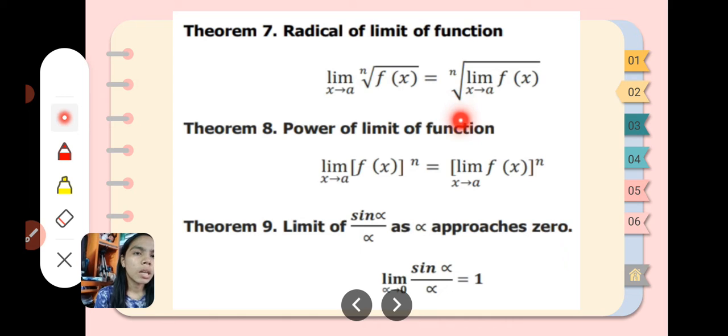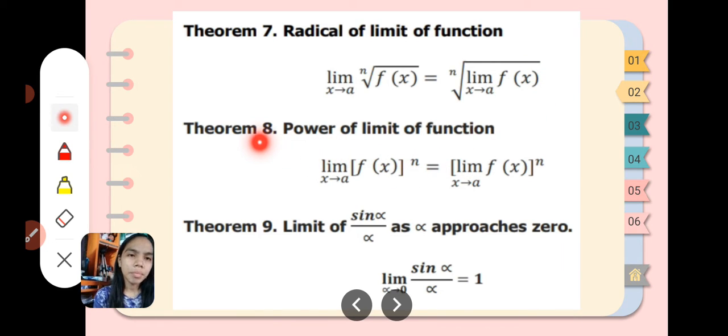So this is the radical of the limit of a function. We distribute, or put, the limit as x approaches a to the n-th root of f of x.